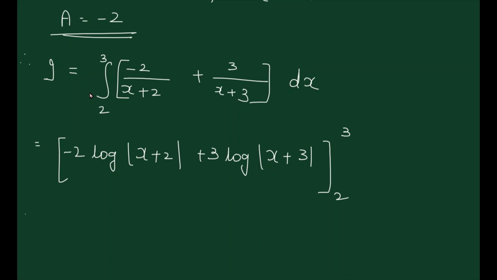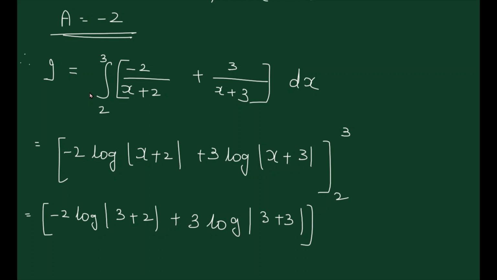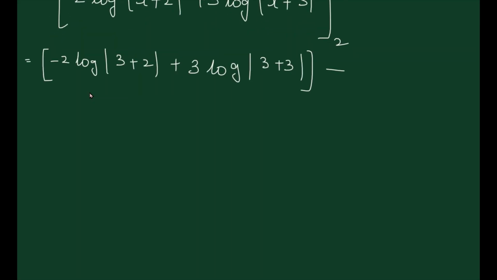Okay, then in the next step we first put the upper limit of integration over here. So we are going to get minus 2 log of mod of 3 plus 2 plus 3 log mod of 3 plus 3, and also minus the same thing but with x as 2 over here.